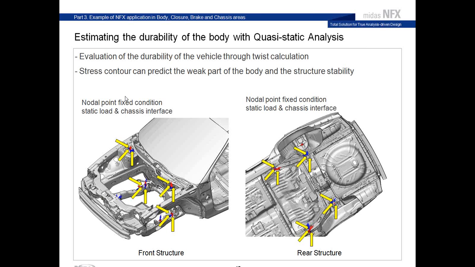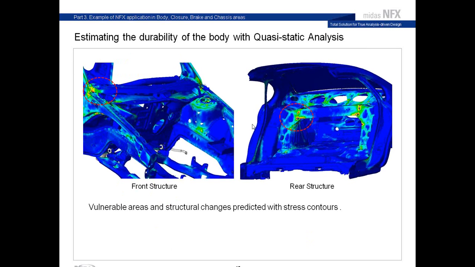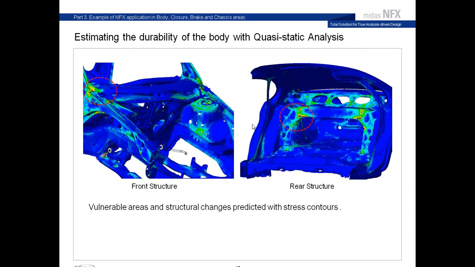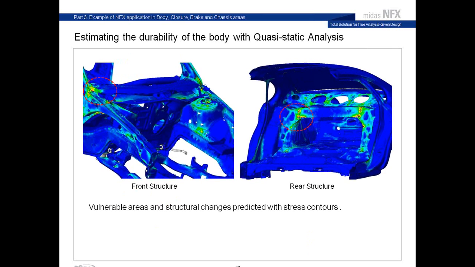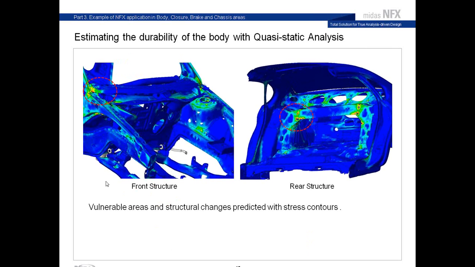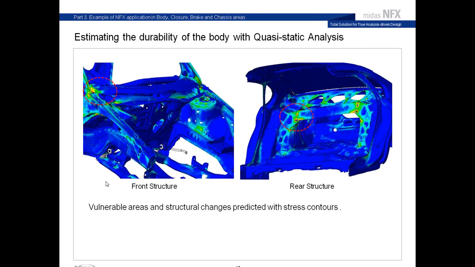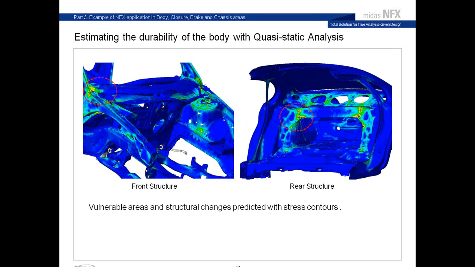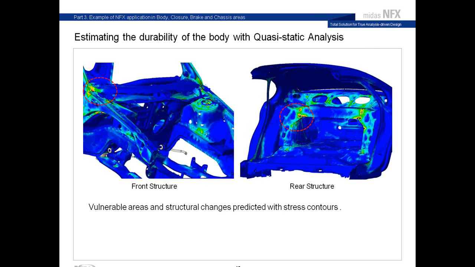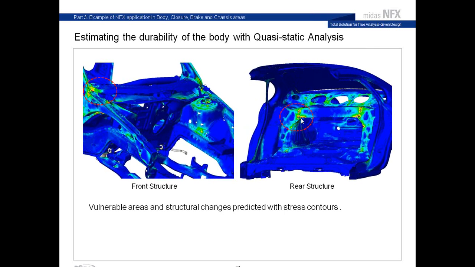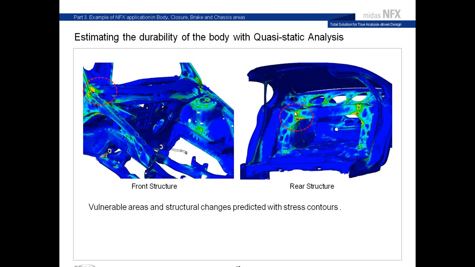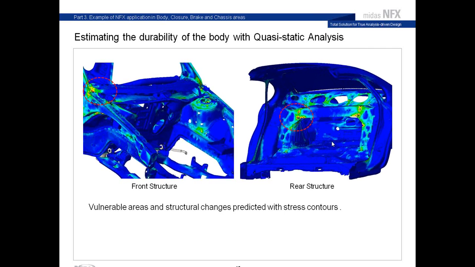All the stress contours can be predicted in order to see the weak parts of the body and the parts that have to be reinforced. Here you can see the results of this quasi-static analysis. The stress contours will give you the areas where you need to reinforce. In this case, for the rear structure, you have some red areas here. It shows you the parts where you need more reinforcement on the car body.